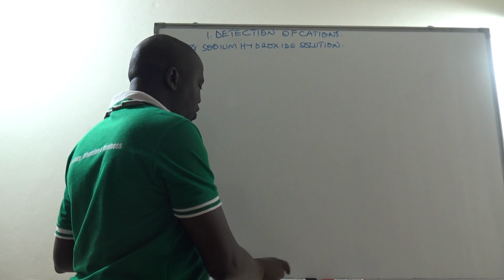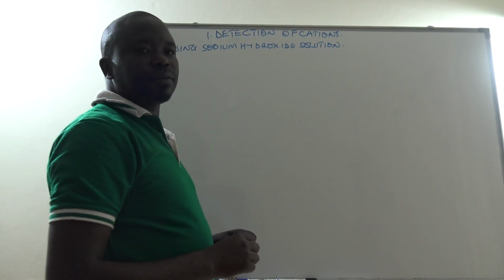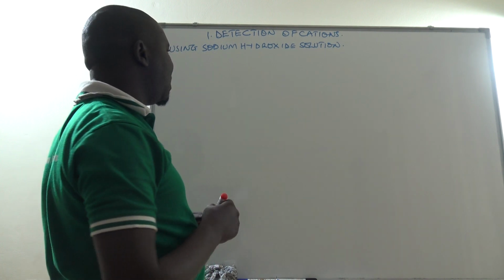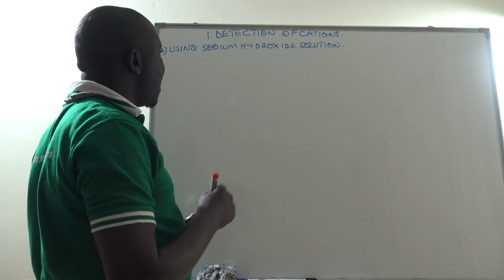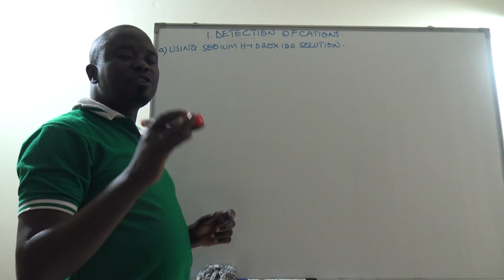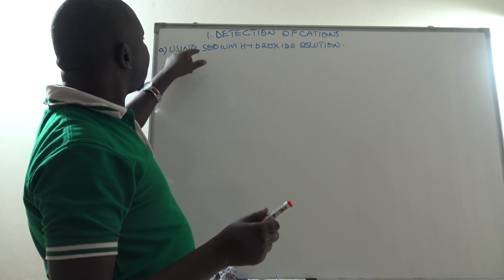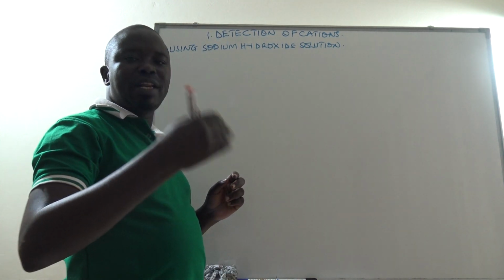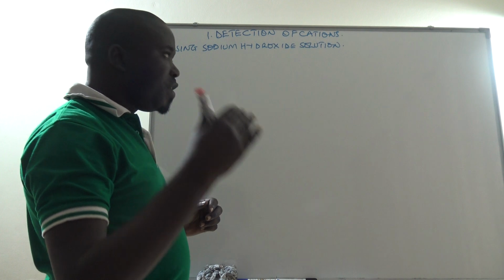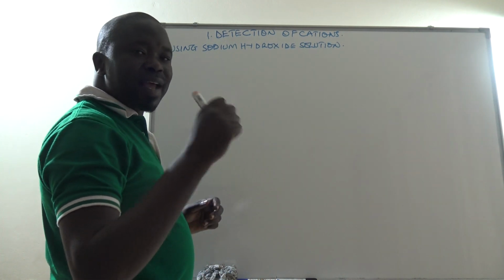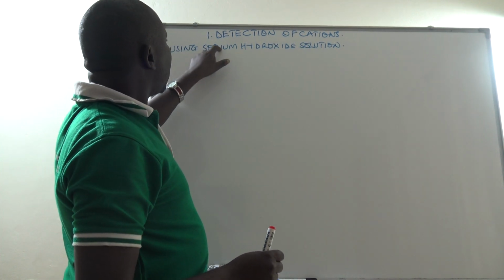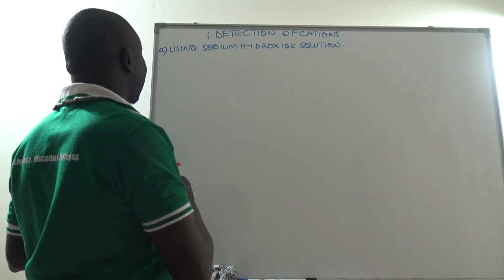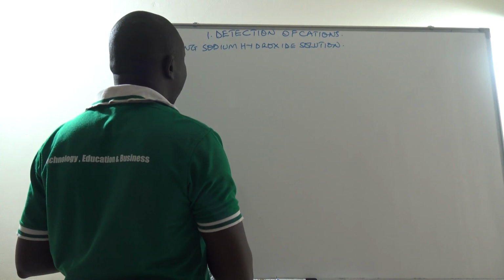Sodium hydroxide solution is a major reagent used for detecting the cations that we have seen. And we are looking at detecting the cations when they're in solution. So this one is a solution of a reagent, and then the solution under test, which we have already prepared, contains the free ions, which respond very easily to the solution of the reagents, as we have already seen, adding dropwise until in excess. So let me write the test instruction here.